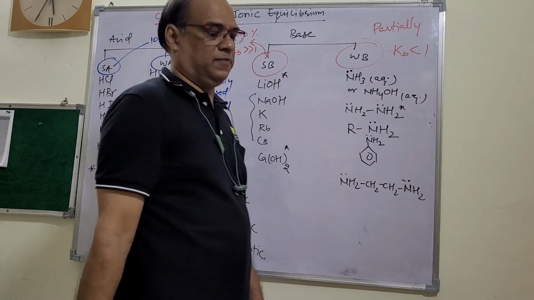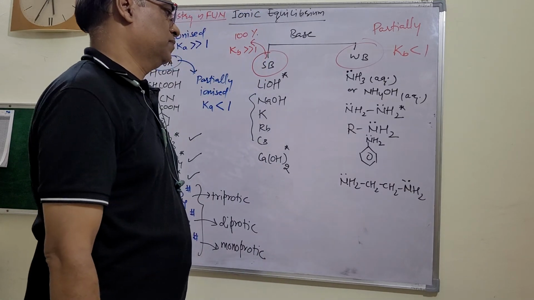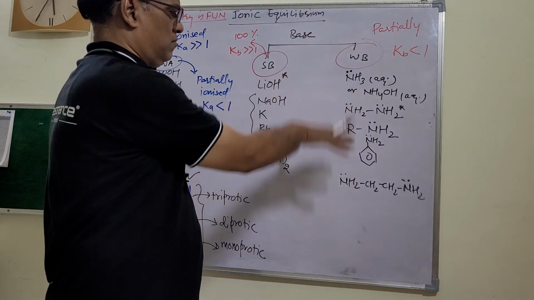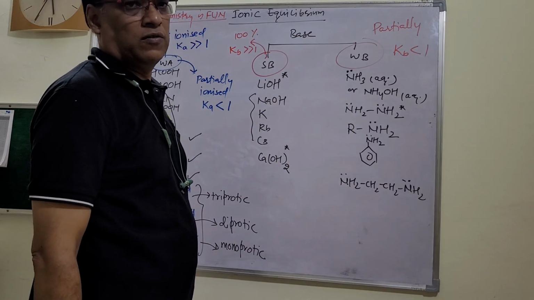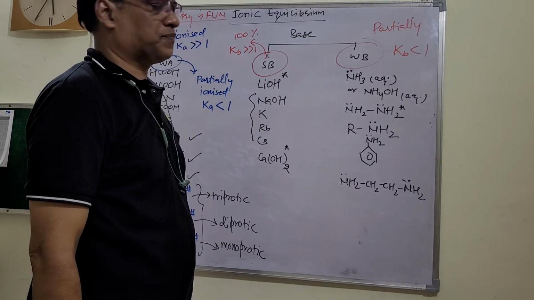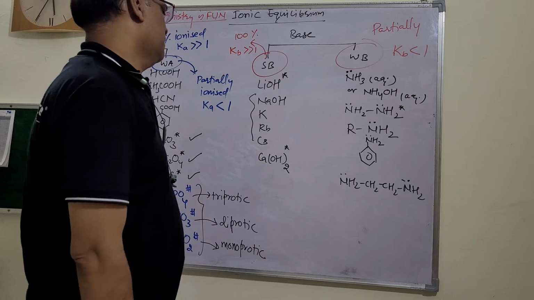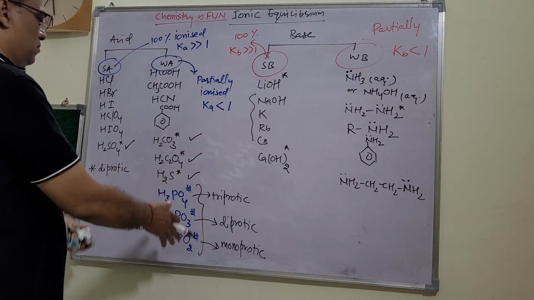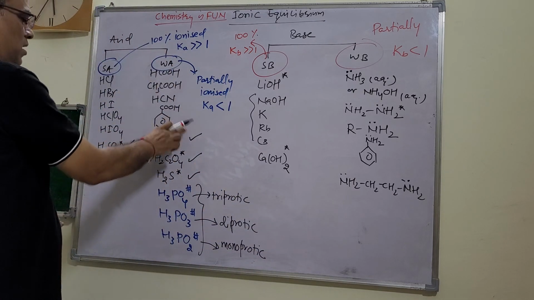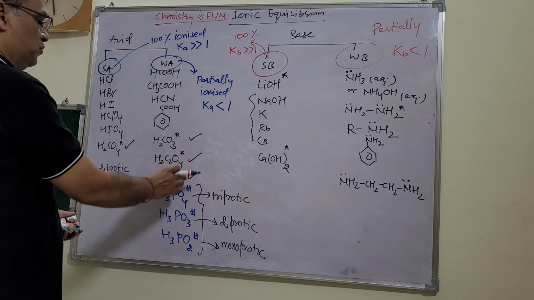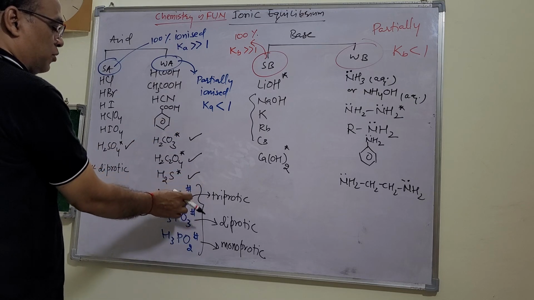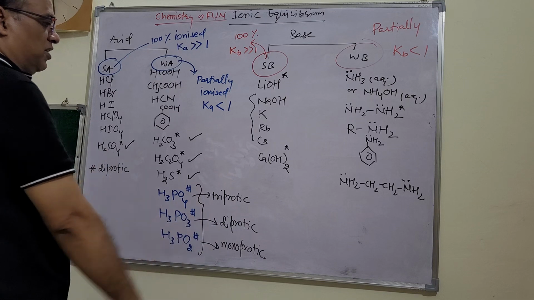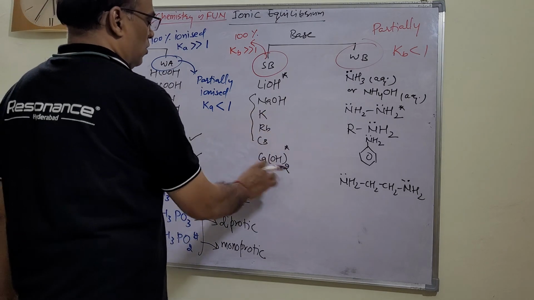Ethylene diamine. Such bases you will encounter in the question. Basically here we have a variety: star mark is diprotic, then there is a hash mark where triprotic is there, diprotic is there, monoprotic is there. Such variety is only possible here.